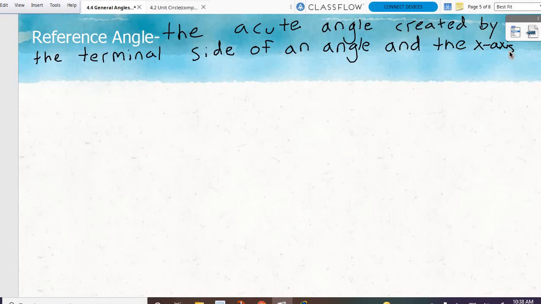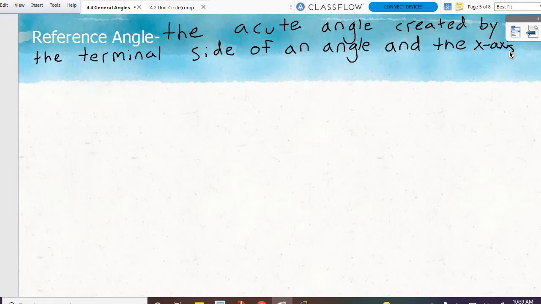If we recall, when we drew our triangles yesterday, those were the angles that we were using in our triangle. It's the angle that's inside of that triangle. We should call them our reference angles.